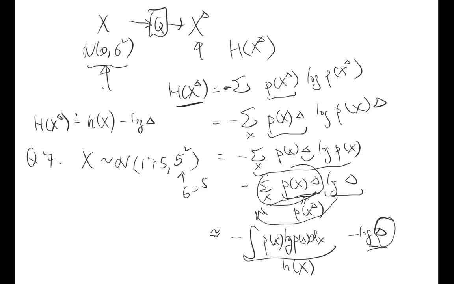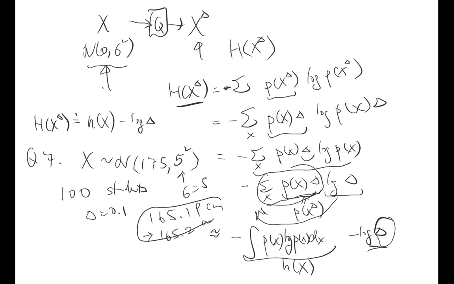Let's say I have 100 students here, and let's say I want to have 1 decimal place. That means delta is equal to 0.1. For example, if it's 165.19 centimeters, I will just change that to 165.2 centimeters. 175 seems a little bit tall, we have girls as well, I guess.